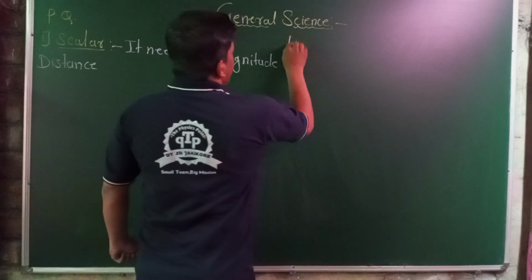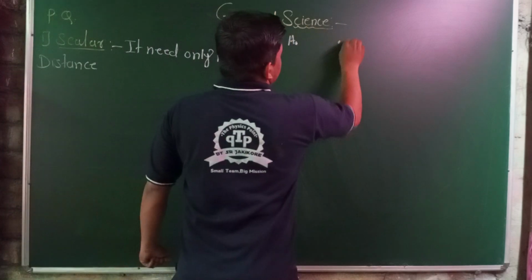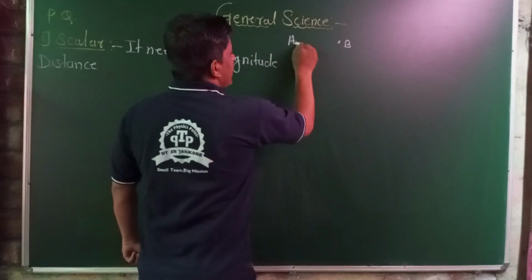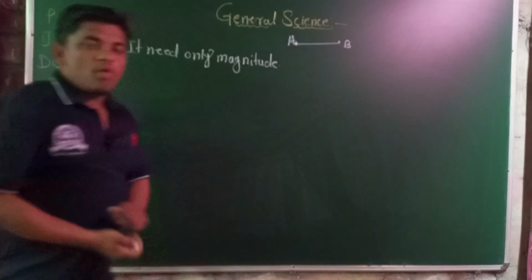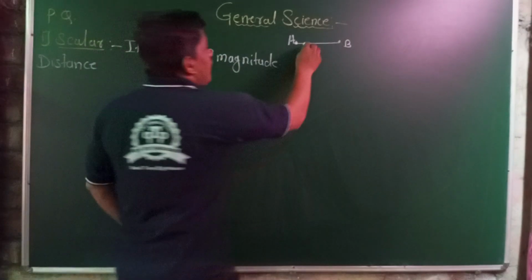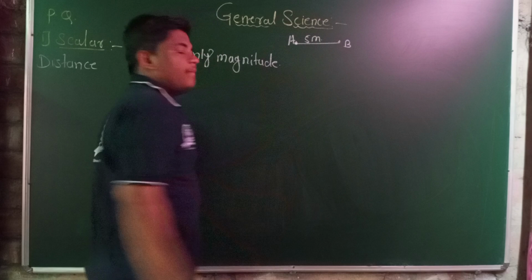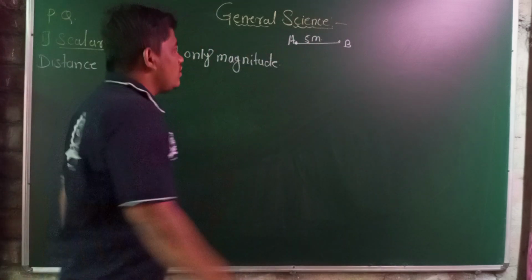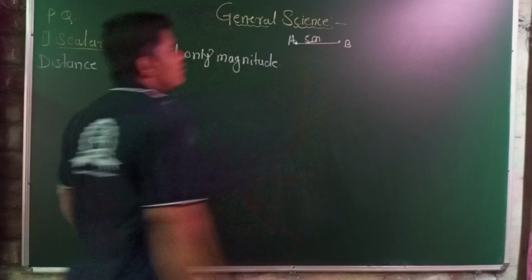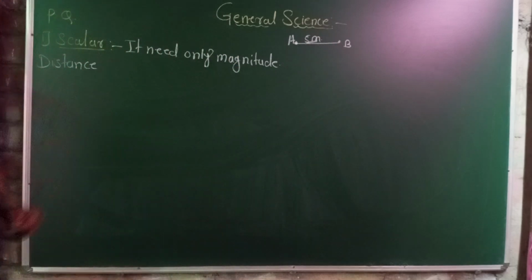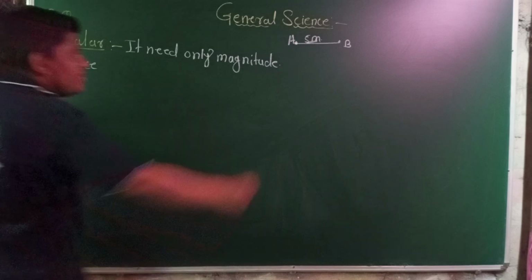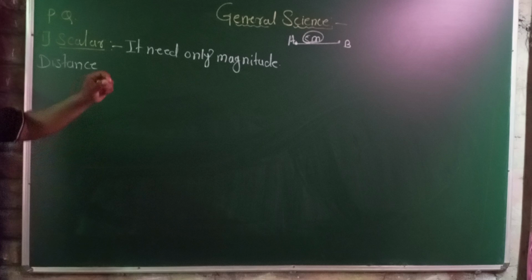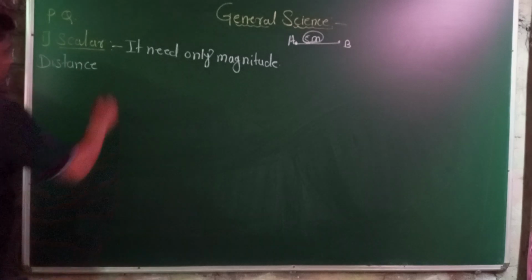Consider a point A and a point B. Whenever an object travels from point A to point B, it covers a certain distance, that is 5 meters. To explain the distance, we require only the numerical value of that physical quantity. This is only a numerical value, that is 5 meters. This is known as a scalar physical quantity.